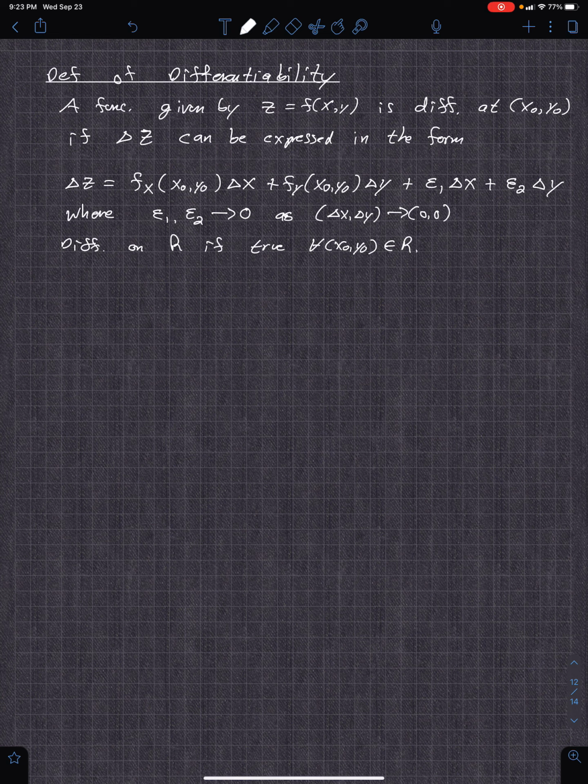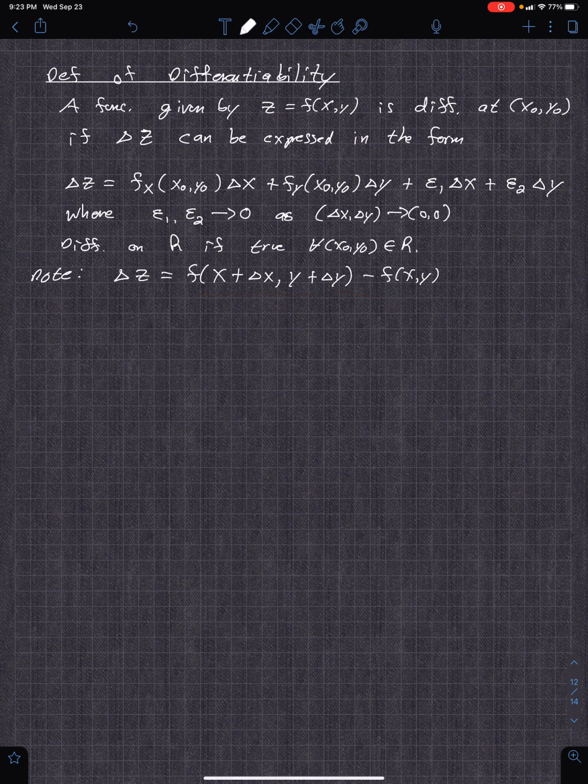Okay, so note or recall, delta z is defined to be your f of x plus delta x, y plus delta y minus f of x, y. So you're incrementing both variables. You're incrementing on x and y when you say delta z. So basically you want to make this look like this when you show something's differentiable, and that's what we're going to do.